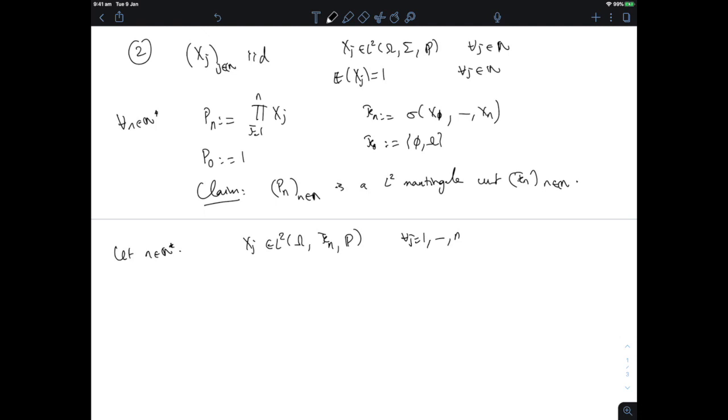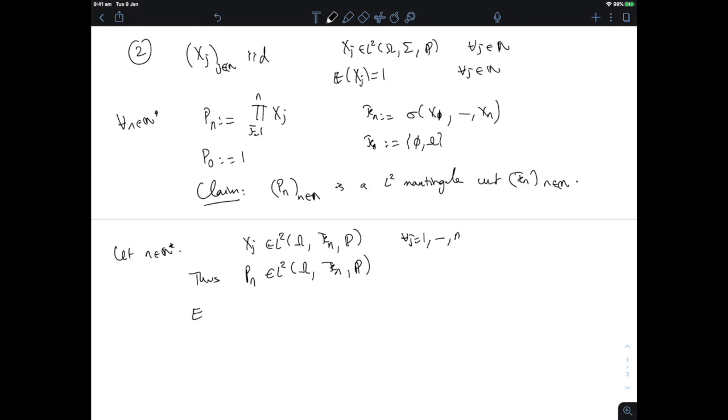So that makes Xj measurable with respect to Fn, and it's in L2 because that was part of my definitions. And now if I take a product of objects that are measurable and in L2, then I stay in L2 as a finite product. So that gives me the adaptedness of the process, and that gives me the quantitative information that it stays in L2.